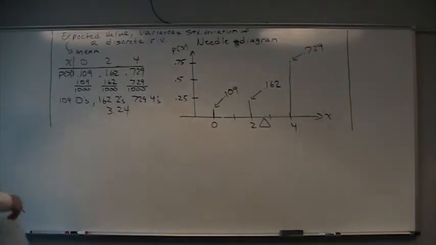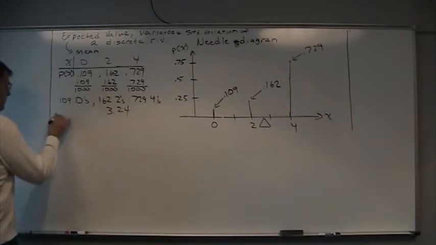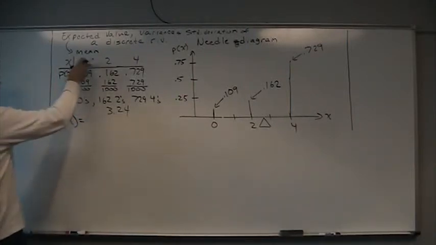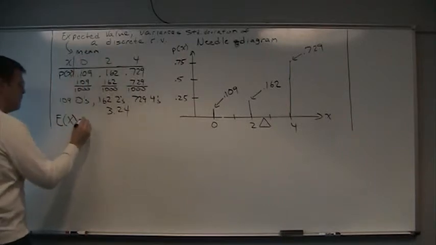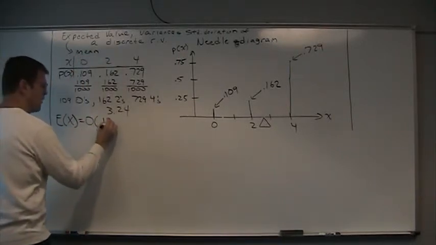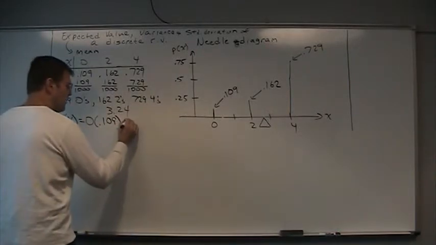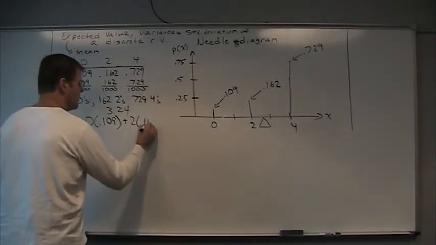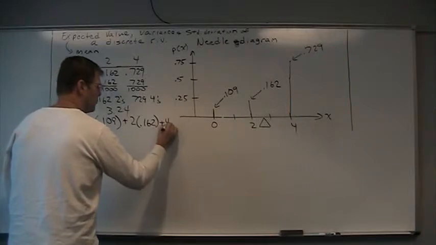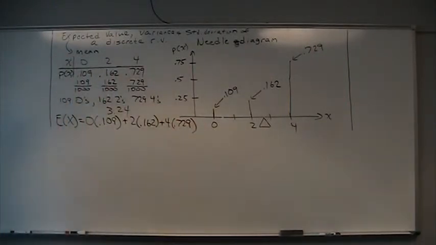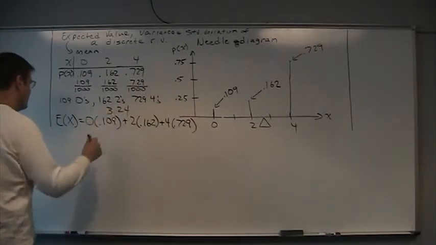We get this mathematically, expected value of x, by taking each value of x and multiplying it by its corresponding probability. So 0 times 0.109 plus 2 times 0.162 plus 4 times 0.729. That gives us our 3.24.